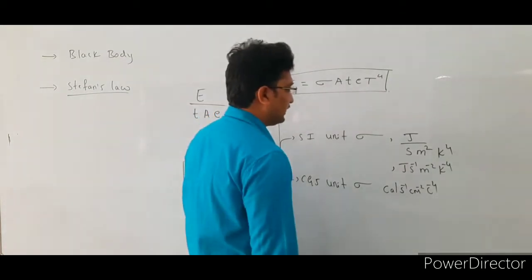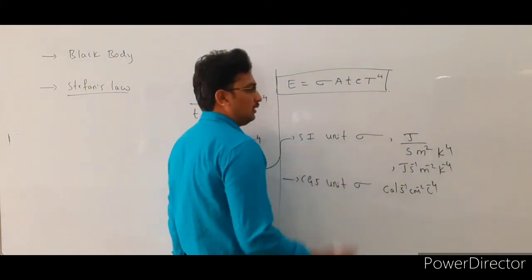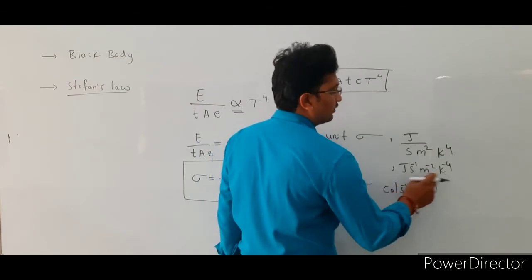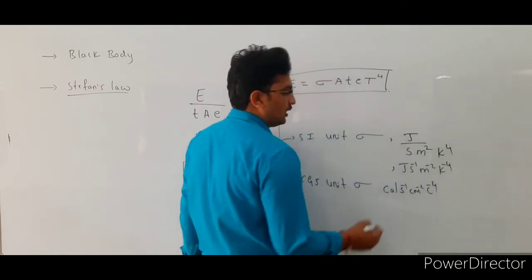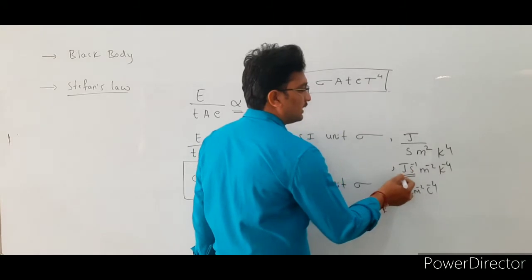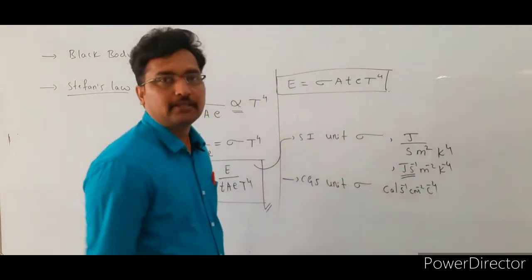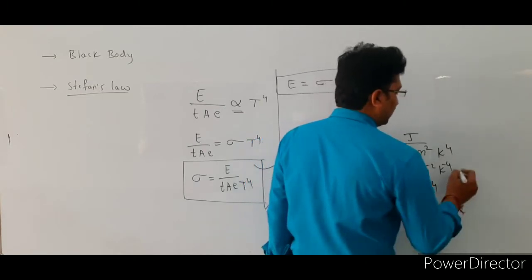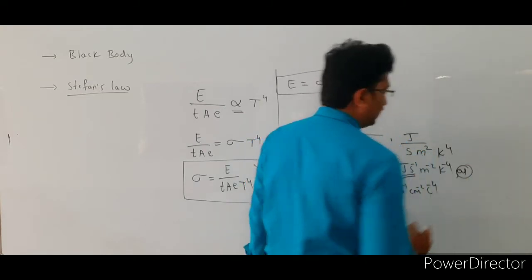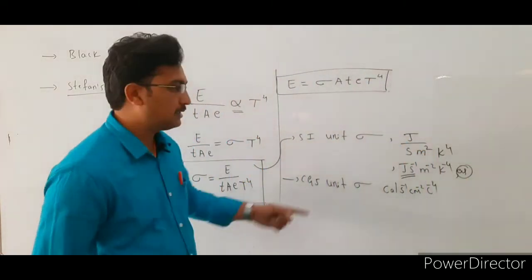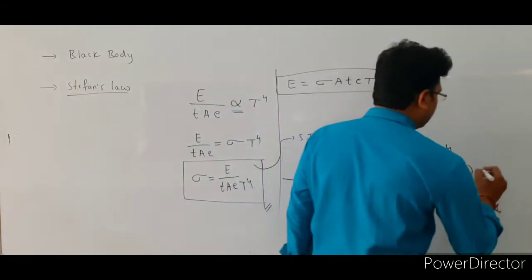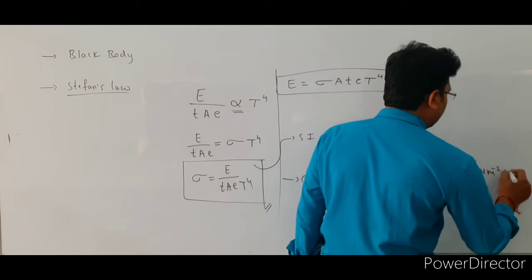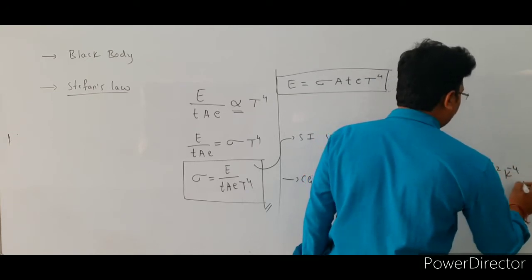See here, in SI system, the sigma unit is joule per second per meter square, K to the power of minus 4. So already we know that joules per second is nothing but watt. So then the another unit to measure sigma is, that is watt per meter square, K to the power of minus 4.